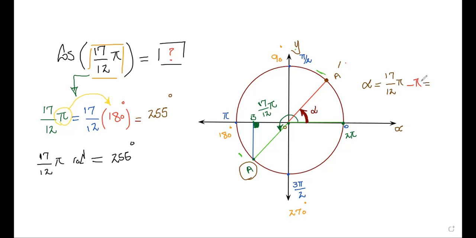And how much do you get? You get the common denominator as 12. You get 17 minus 12 becomes 5. Then you have 5 pi over 12. Then the alpha here, the twin brother that we are looking for, is 5 pi over 12.